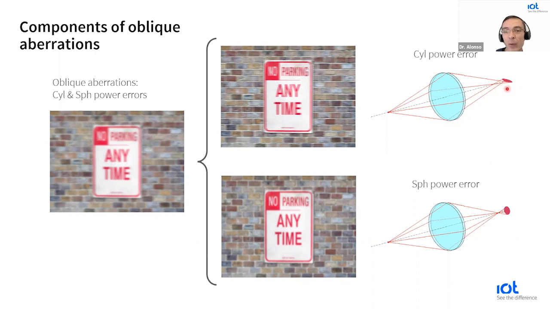Then, for example, if the main axis of the ellipse in the retina is horizontal, we will see horizontal lines as focused, while vertical lines will be clearly blurred. This is a typical characteristic of cylindrical power errors. But the spherical power errors will produce circular blur patches on the retina. So the blurring is isotropic.